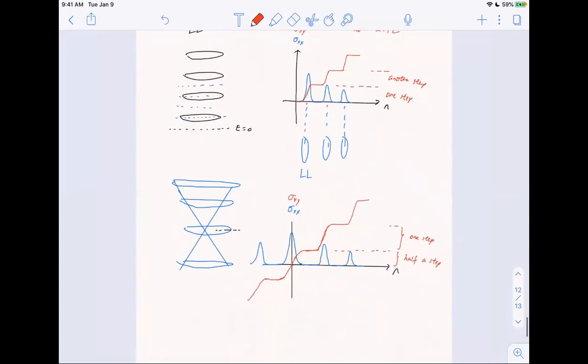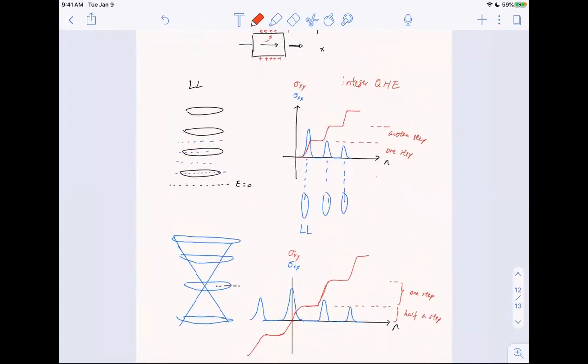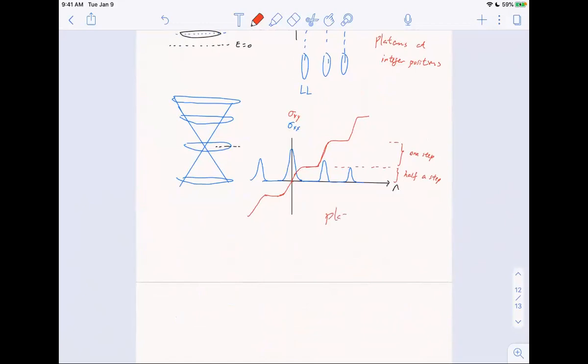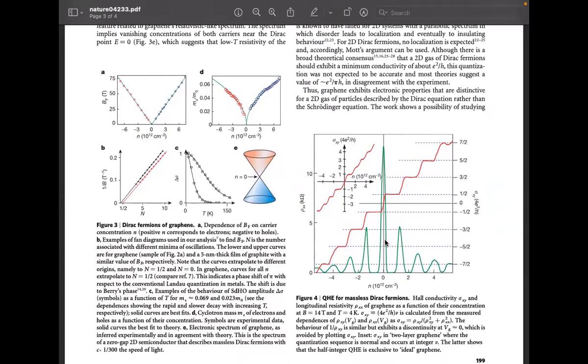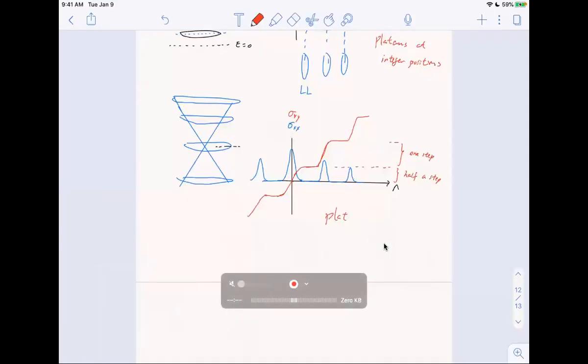The plateaus are at integer positions. Here, if you use exactly the same convention, the plateau will be at half integer.